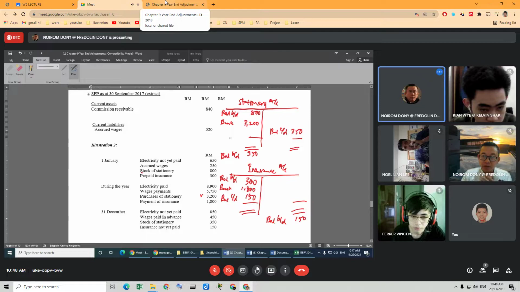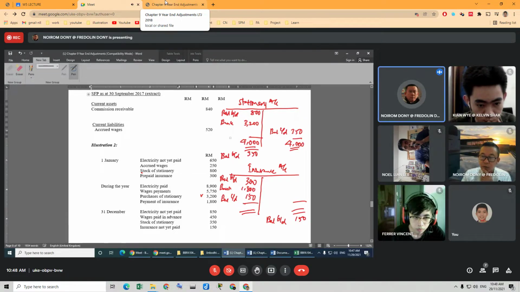Then you want to close off. Closing off, you need to select the total for both sides. So 800 plus 3,200 is 4,000 for stationery. So write down 4,000. Use the 4,000 as a total for both sides.